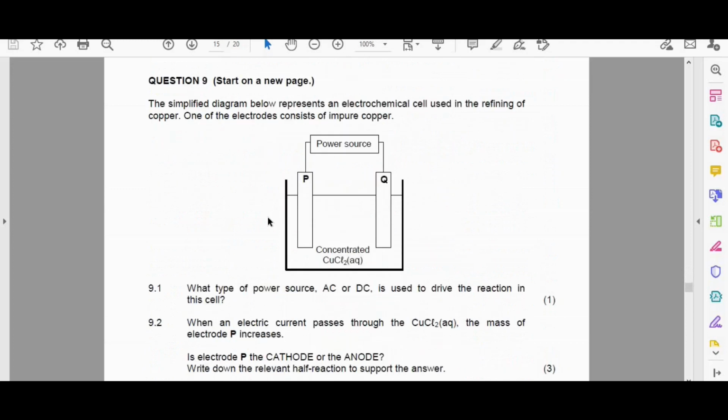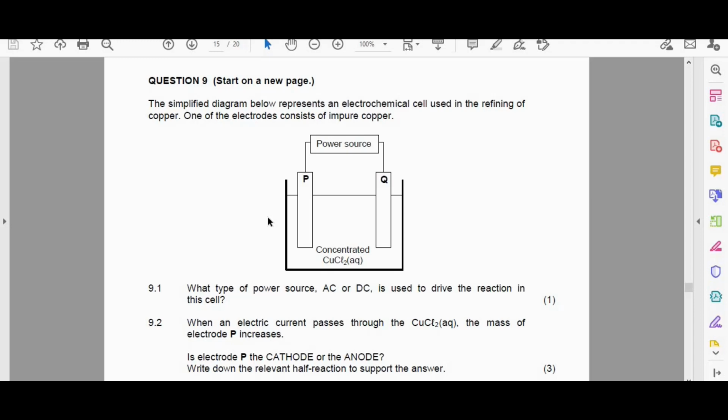Then I want to go through question 9. Question 9 is now onto the electrolytic cell. Like I said, there are a lot of similarities. This is also a cell in which redox takes place. Redox reactions take place within the cell. You still have an anode and a cathode, so you know you have oxidation and you know you have reduction.